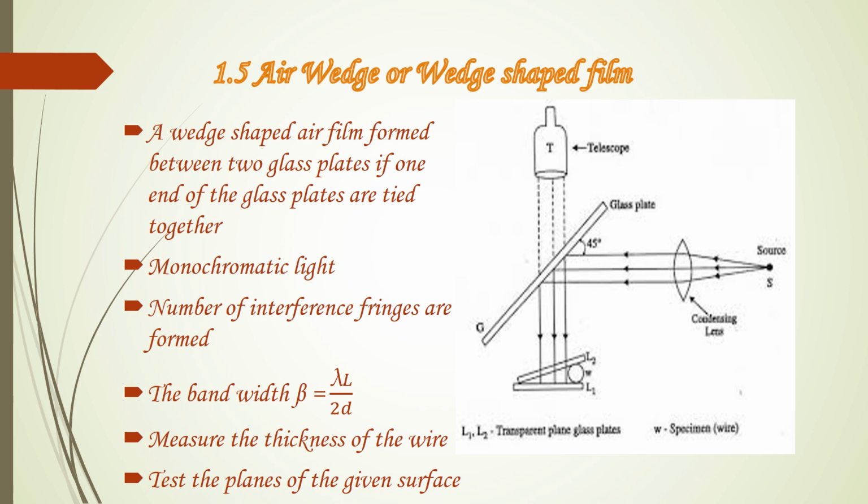The fringe width beta equals lambda L divided by 2D, where lambda is the wavelength of the incident light, L is the length of the glass plate from the tied end to the specimen, and D is the diameter of the wire. Next, what is the application? The air wedge apparatus is used to measure the diameter of a wire and to test the flatness of a given glass plate.